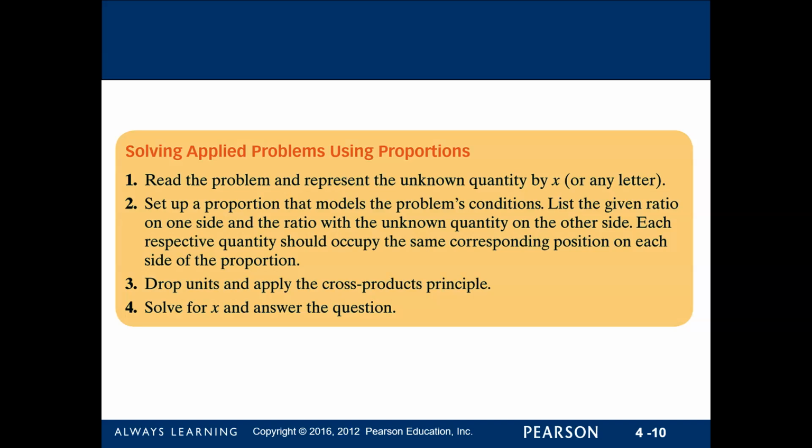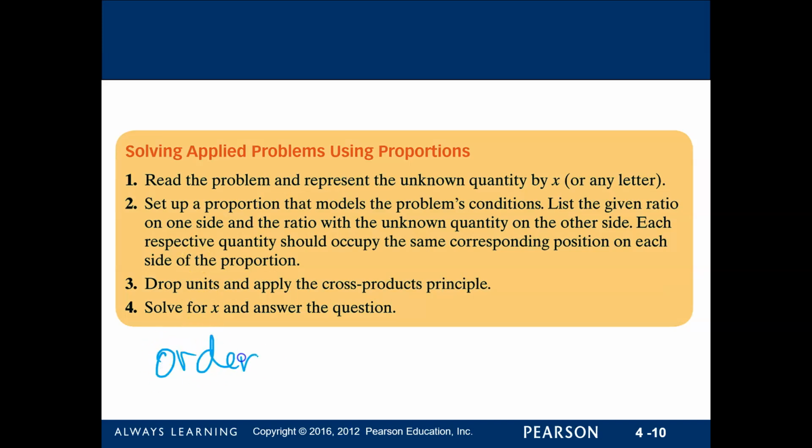Okay. So now, how can we use proportions when solving word problems? Well, typically, we always read a problem and make sure that we identify the two quantities, all right? Now, when you set up your equation using the proportion, you have to be consistent.